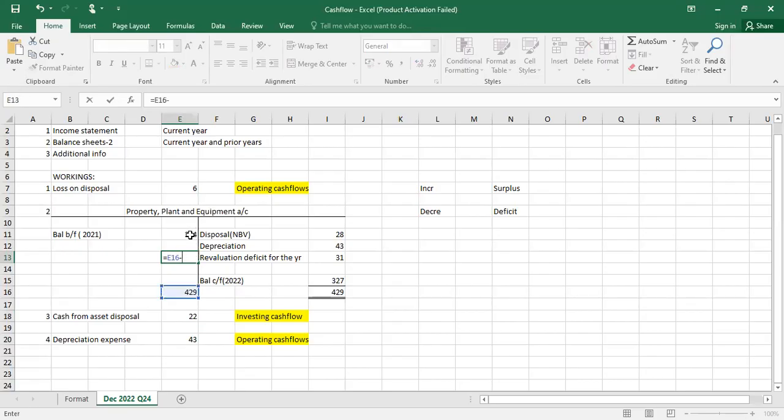If that is the case, you know what we are looking for is then the balancing figure. By how much is the credit more than debit? So this is what we are looking for. And we have to then ask ourselves, what is this balancing figure for the PPE account?